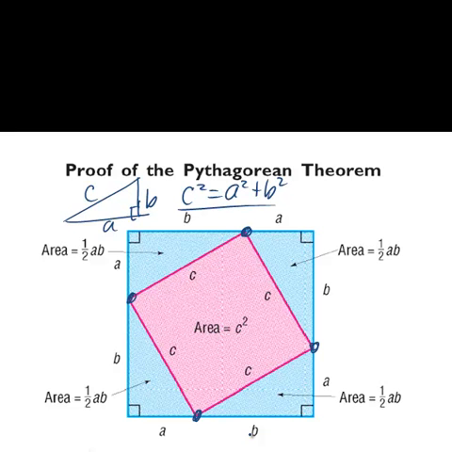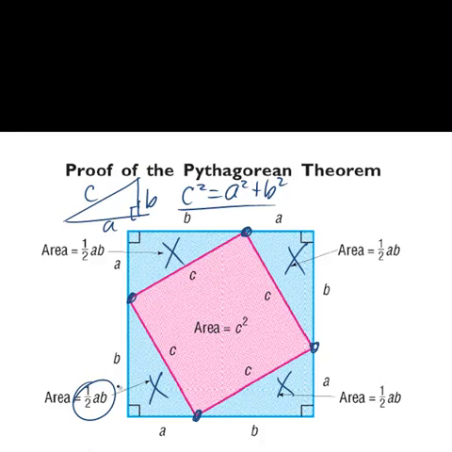Now, you could set up an equation. If you look at the individual five pieces within the large square, like this piece right here, this one, and this one. Each of those blue triangles has an area of 1/2 times AB.